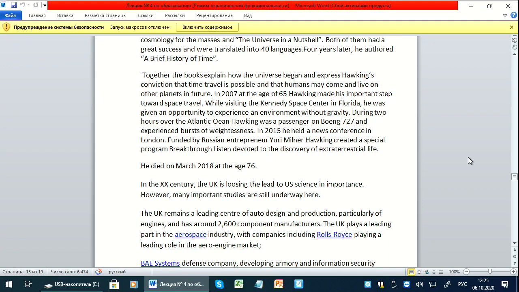The UK remains a leading center of auto design and production, particularly of engines, and has around 2,600 component manufacturers. The UK plays a leading part in the aerospace industry, with companies including Rolls-Royce playing a leading role in the aero engine market.